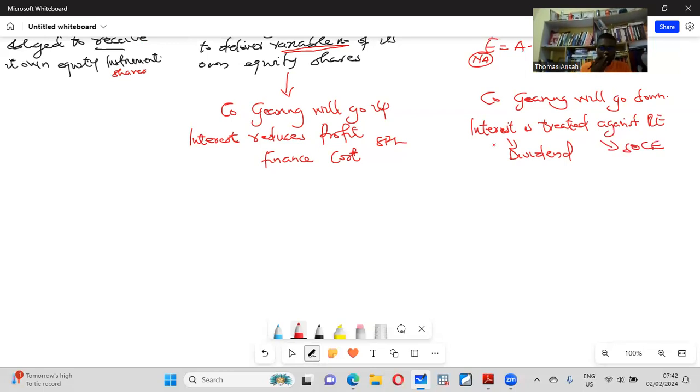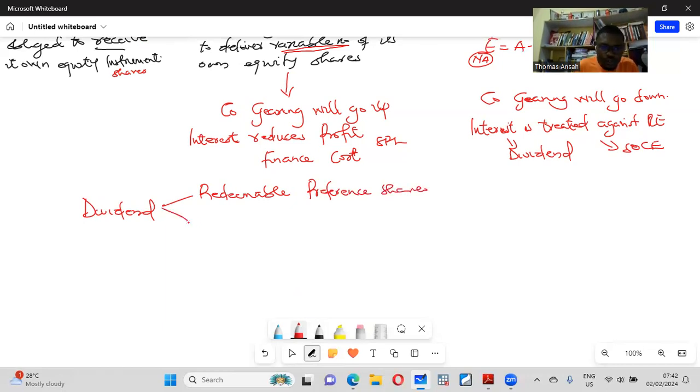So be careful. You could see clearly that the dividend is paid to two categories of people. Dividend is paid to the redeemable preference shares, because they own shares. And dividend may also be paid to the irredeemable preference shares.